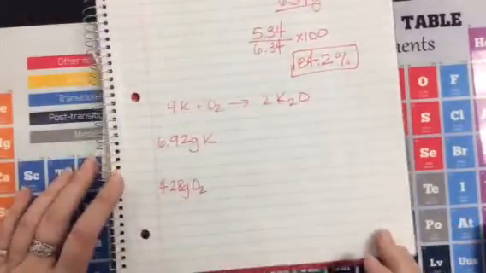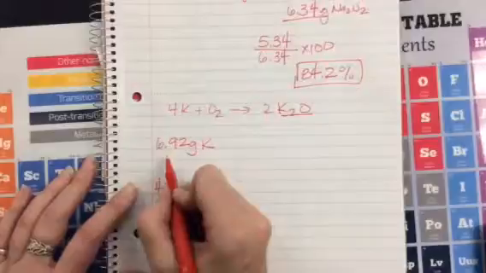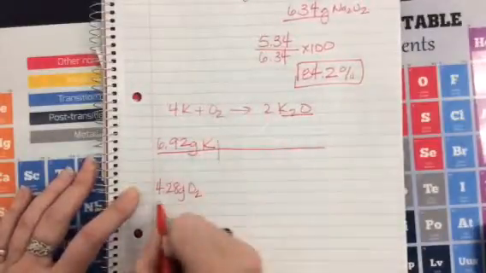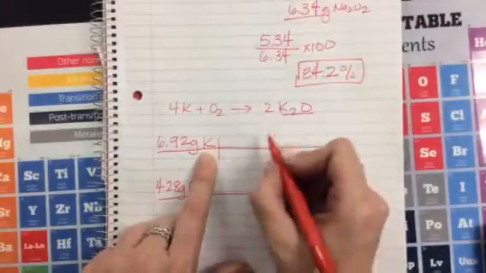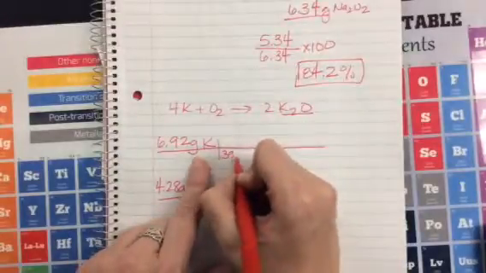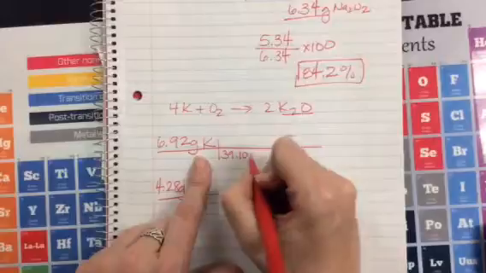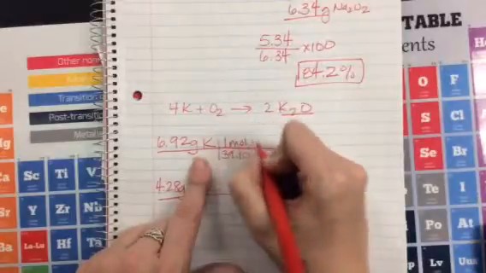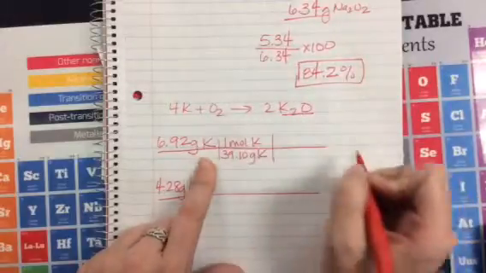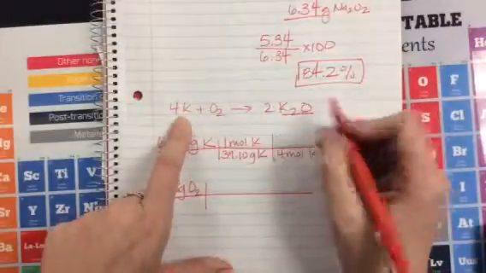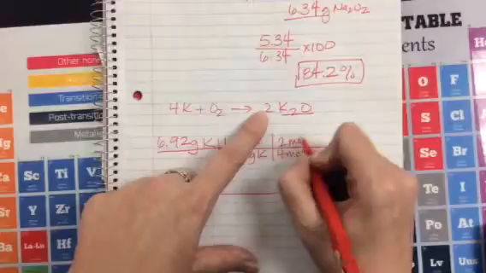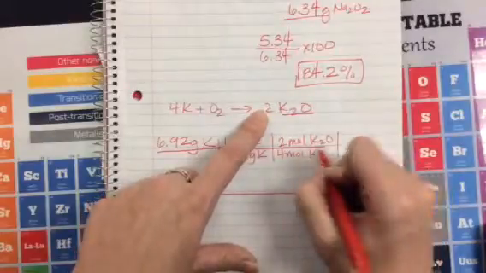I want to know in both cases how many grams of product I should be able to make. So the first step, we need to take our grams and turn it into moles. So we're going to take 39.10 grams, that's the mass of 1 mole of potassium. Then my mole to mole ratio, for every 4 moles of potassium, I have 2 moles of the potassium oxide.